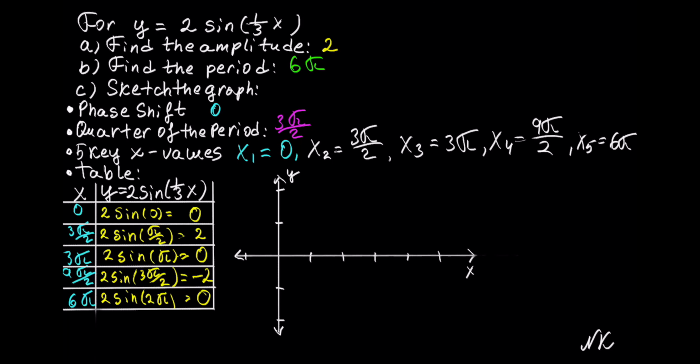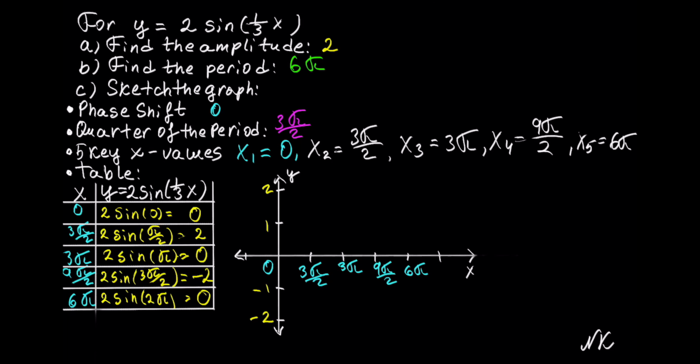Now that we have a table, we can plot it on x and y axes. For x values, we had 0, 3 pi over 2, 3 pi, 9 pi over 2, and 6 pi. The y values went between 2 and -2, so we have 1, 2, -1, -2.